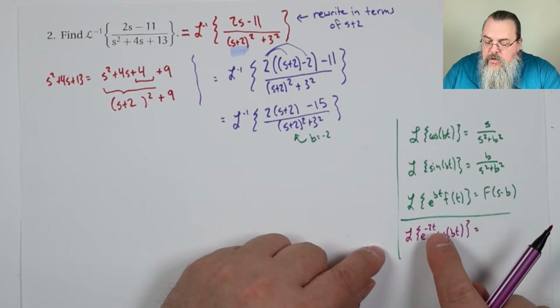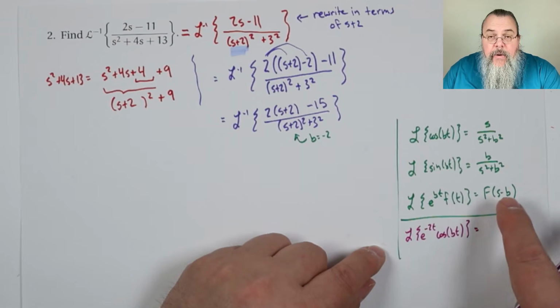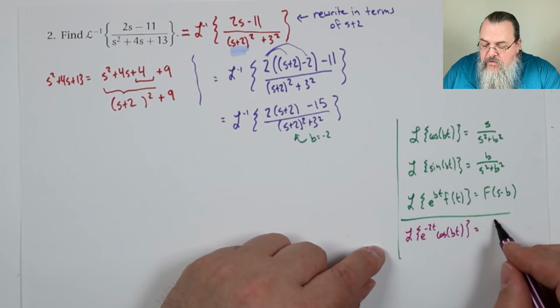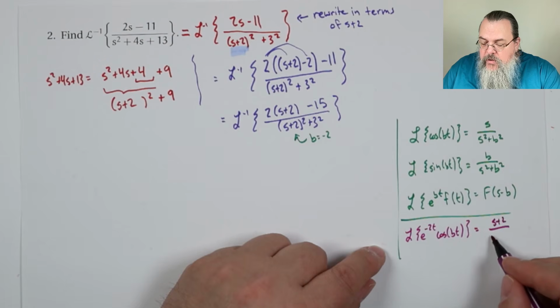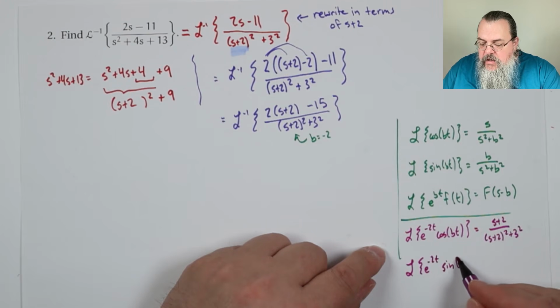Well, that says replace every s with s minus minus 2. So all the s's become s plus 2's. So s plus 2 over s plus 2 squared plus 3 squared. And the Laplace of e to the minus 2t sine of bt, what will that be?